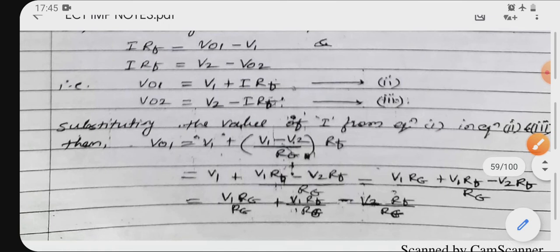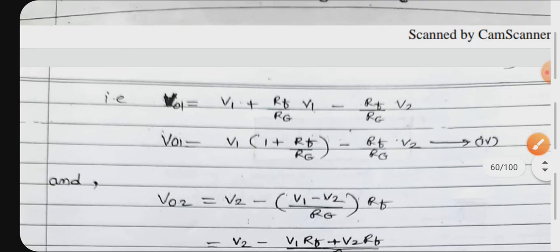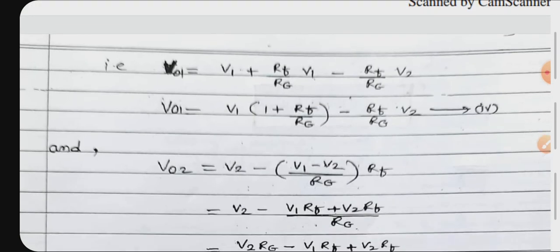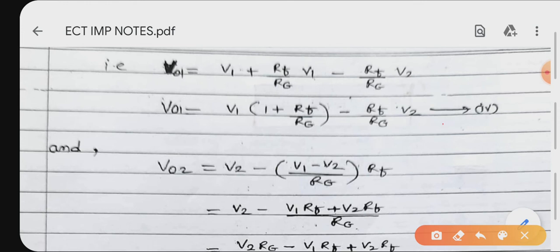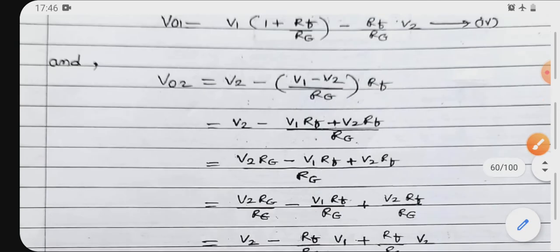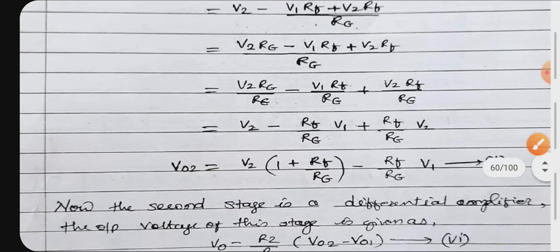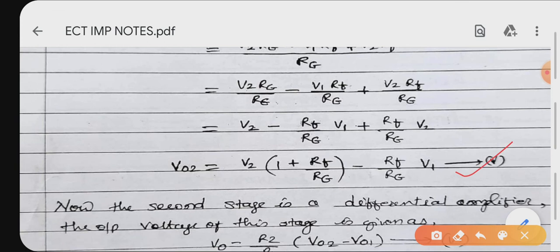After simplification and rearranging the terms, you will get VO1 as equation number 4. Similarly, for VO2, by keeping the value of I and rearranging the terms, you will get equation number 5.